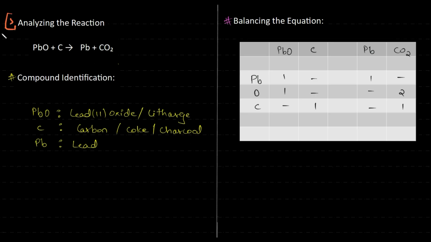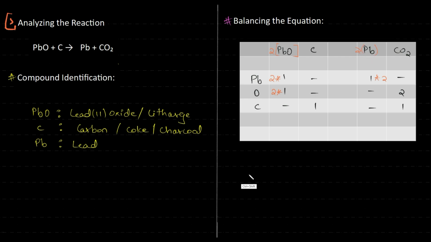Is it balanced? Clearly not. Oxygen is 2, so we'll multiply this with 2. So LHS becomes equal to RHS. The only way that oxygen is 2 over here is by lead oxide being 2. Since this entire thing is 2, then lead also has to be 2. For that, on the RHS, this has to be 2.